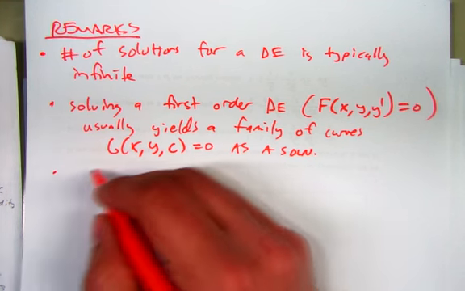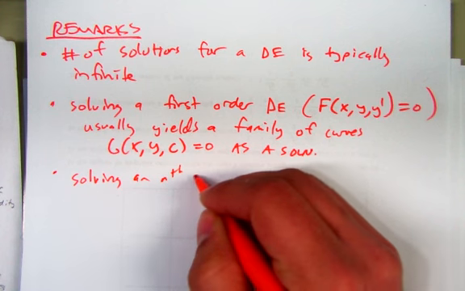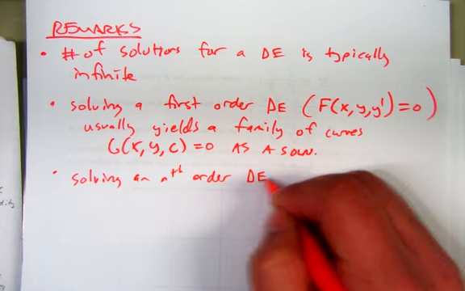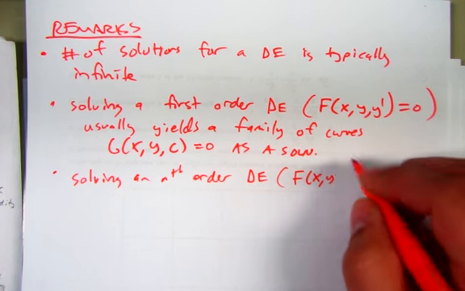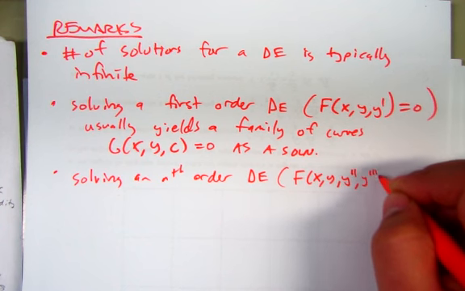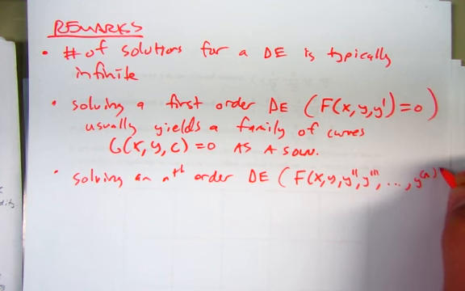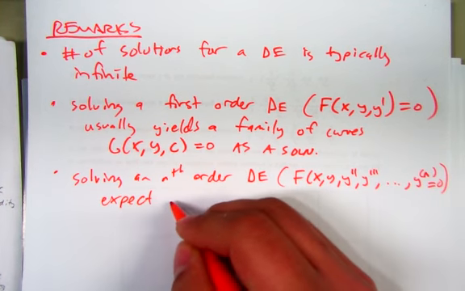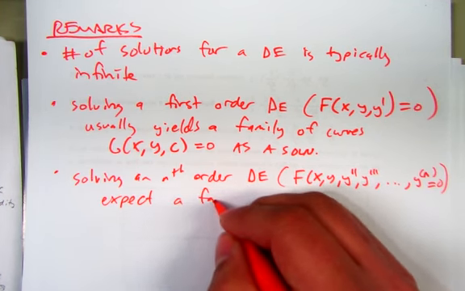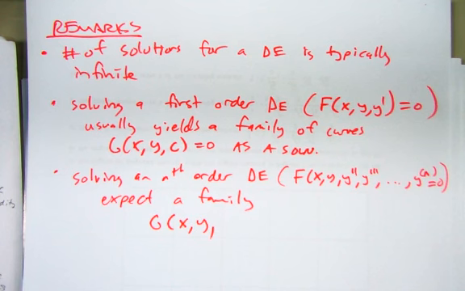Now, if you solve an nth order differential equation, so now we're talking about f of x, y, y double prime, y triple prime, and so on, all the way up to the nth derivative, you would expect a family g of x, y, and now here's a very important connection, and you'll see that as we actually solve.